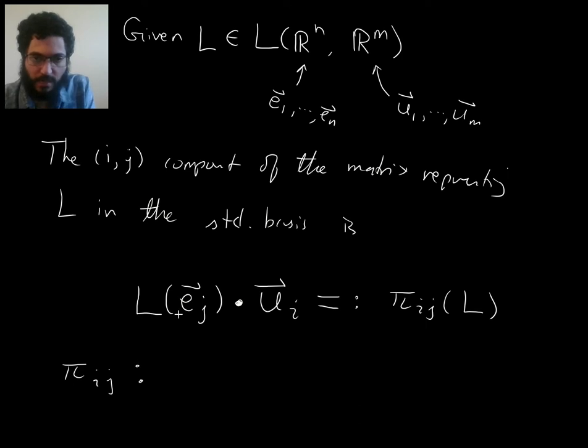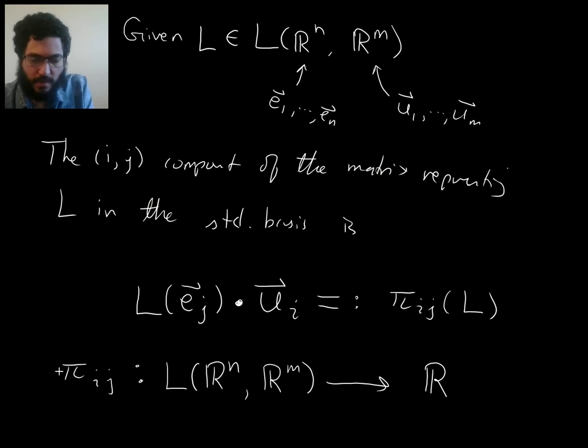For each i running from 1 through m, and for each j running from 1 through n, I've got this map pi ij from the metric space of linear maps to the reals. And what it does is, given a linear map, it selects out the ij component of the matrix representing that linear map in the standard basis.